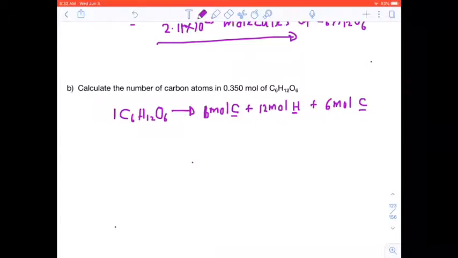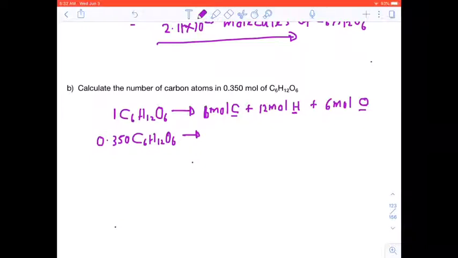If we represent it in terms of moles, 1 mole of the substance has 6 moles of carbon, 12 moles of hydrogen, and 6 moles of oxygen. But we don't have that. We have 0.350 moles of C6H12O6.